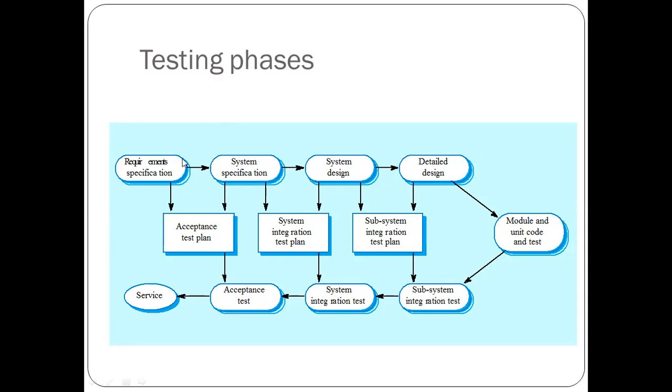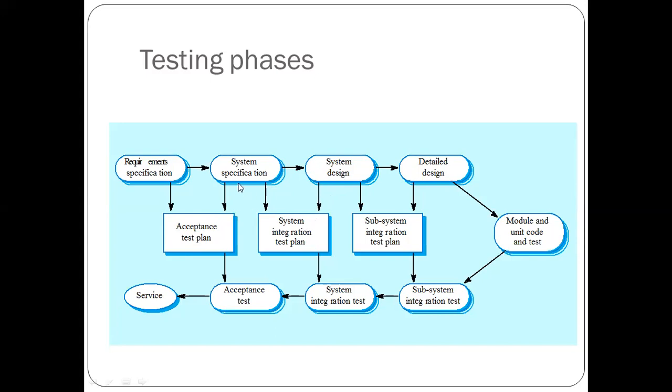And how do the requirement specification and system specification interface with the acceptance test plan? Here we will use the test plan that is called the acceptance test plan. From the system specification and system design, we will integrate the system integration test plan.